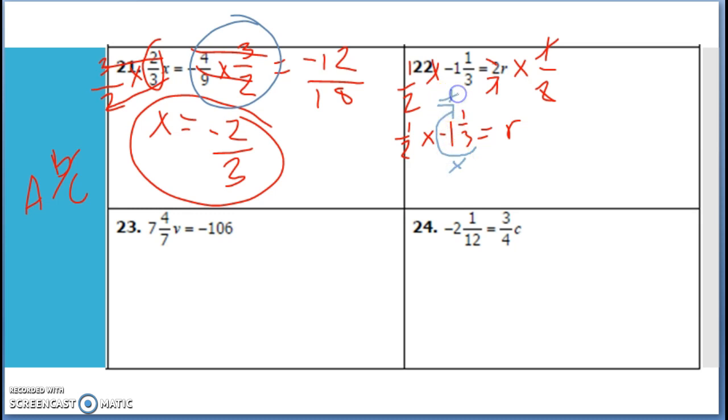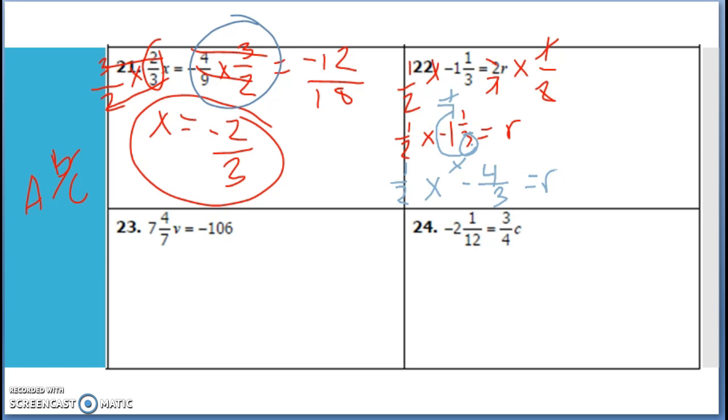Multiply, then add. So we'd get 3 plus 1, which is 4, over the same denominator of 3. So really this is negative 4/3 times 1/2 equals r. Either way will get you the same answer.